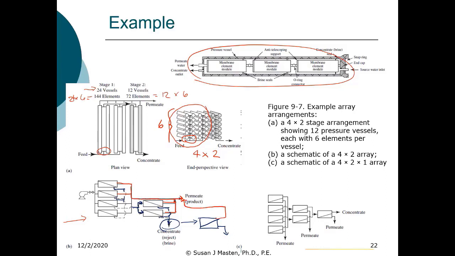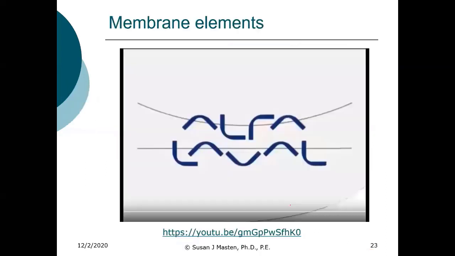Think of it this way: what we're trying to do is squeeze out as much product water as we possibly can, so that we're producing the greatest percentage of that product water. We're minimizing the flow of our reject stream. Now, this means that the reject stream becomes more and more concentrated, which also becomes a challenge.